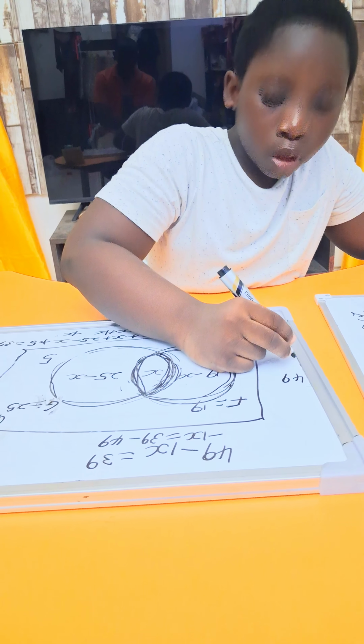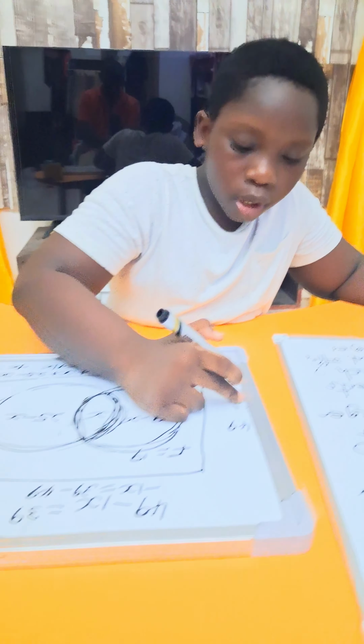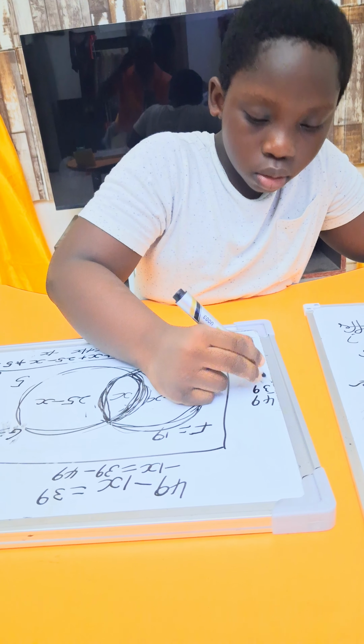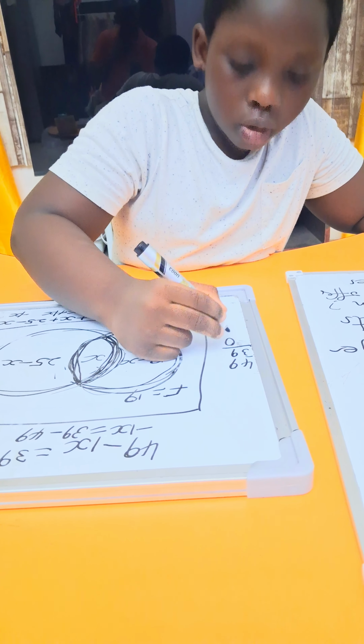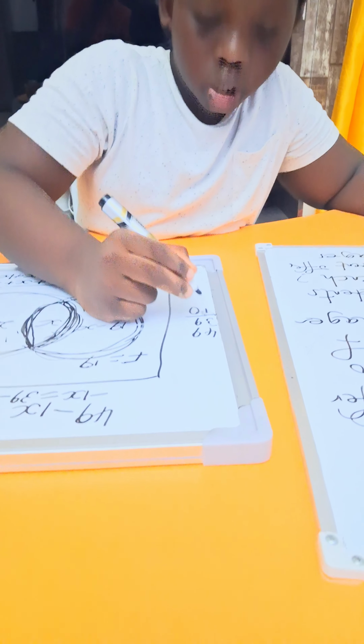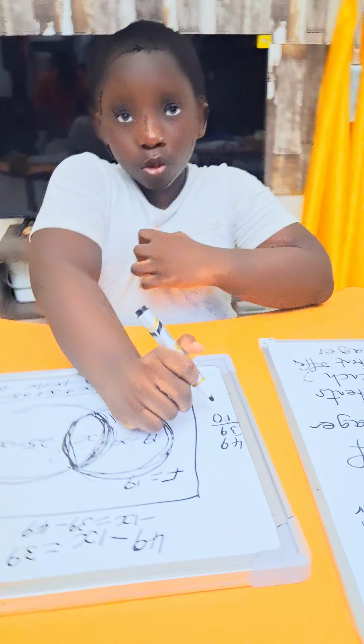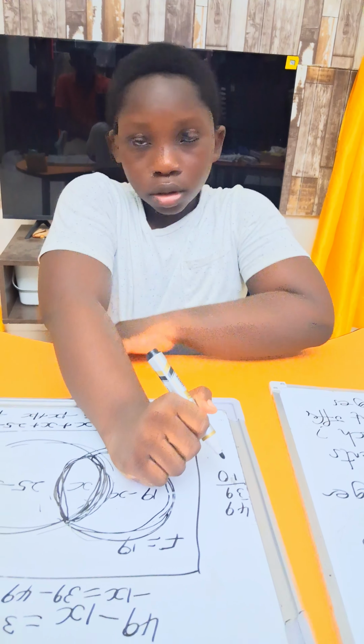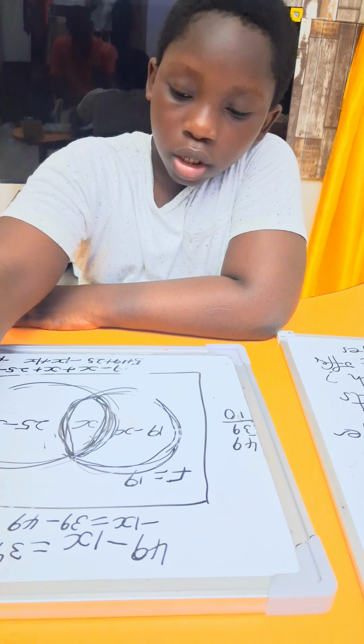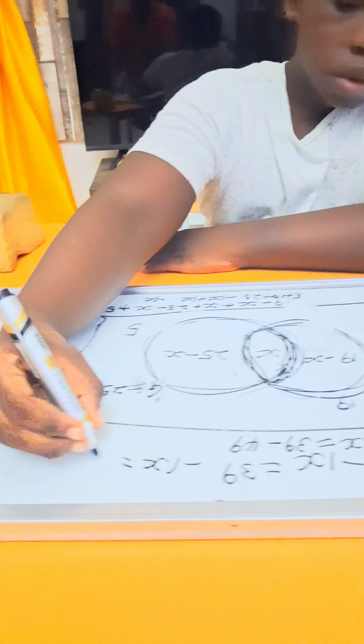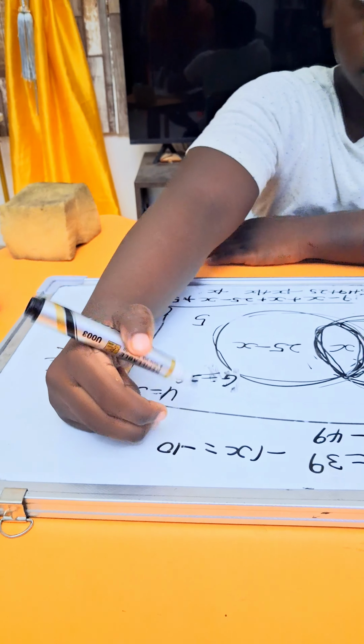What we do is swap the numbers. We get 0 here and we get 1 here. And when we swap the numbers, we add negative to it, which means that negative 1x is equal to negative 10.